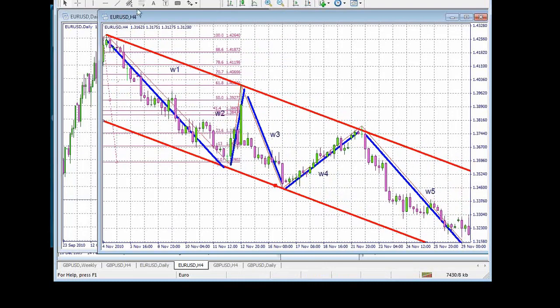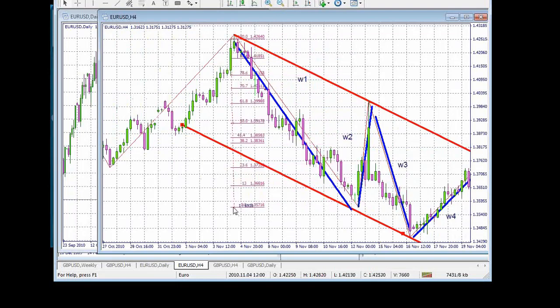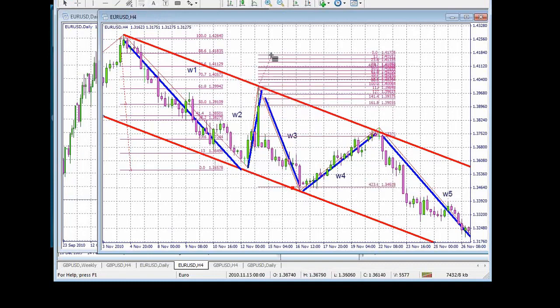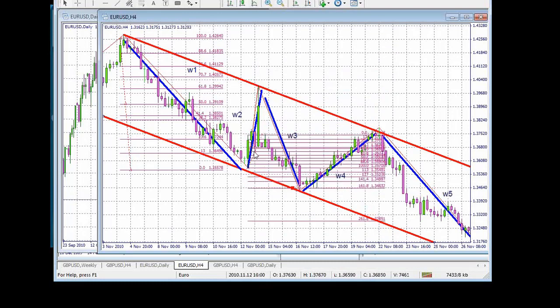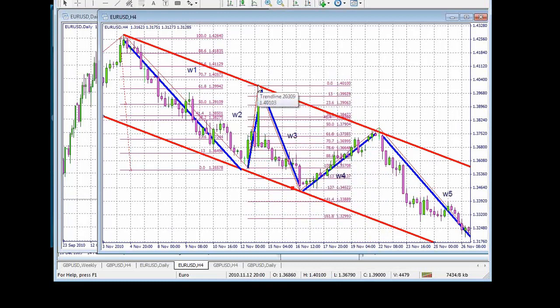The wave 3, if we are measuring, was at about the 127 level from wave 2.